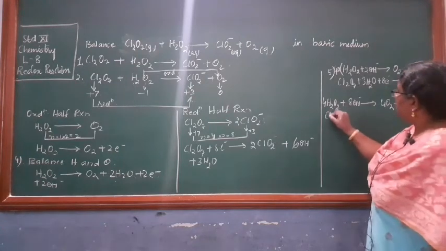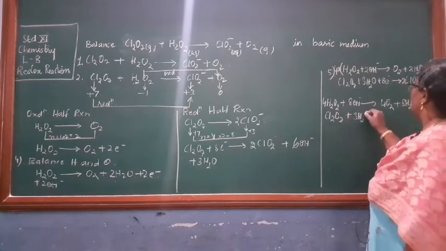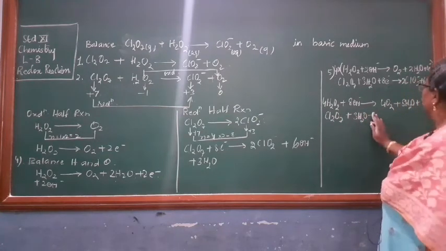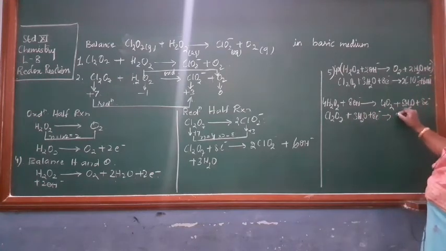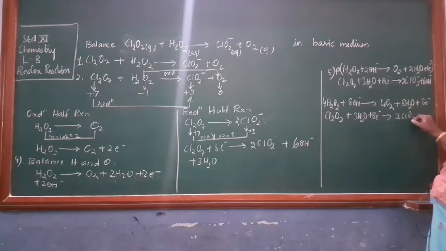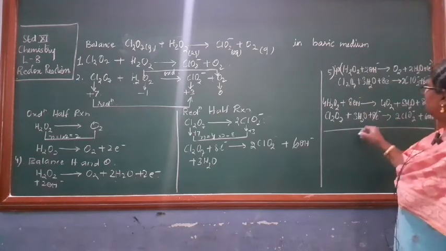Okay, and below you have Cl2O7 plus 3 H2O plus 8 electrons giving you 2ClO2 minus plus 6 OH minus. Got it everyone?